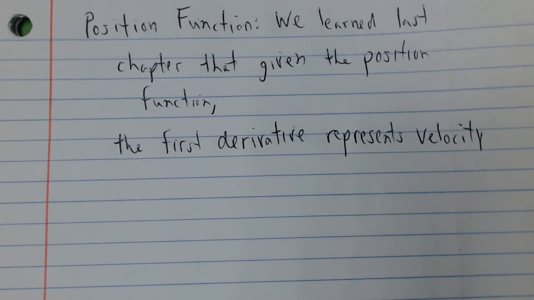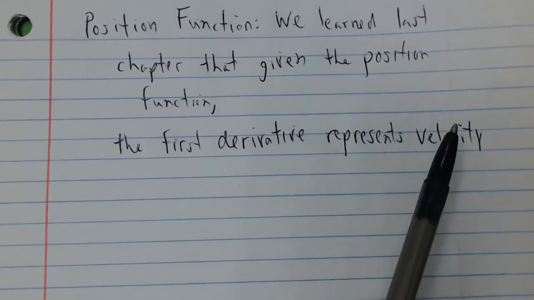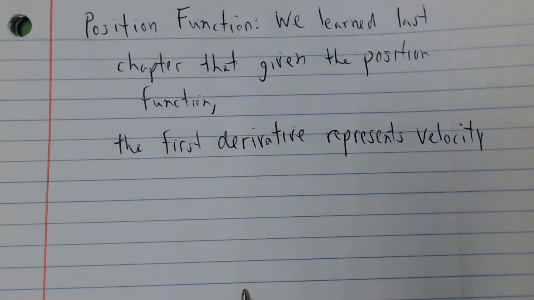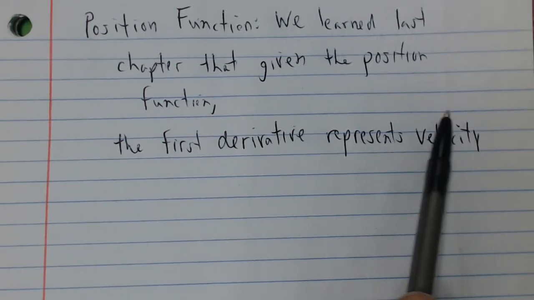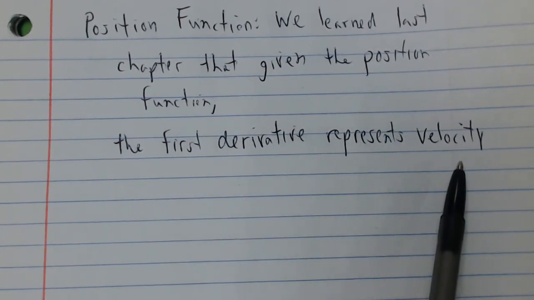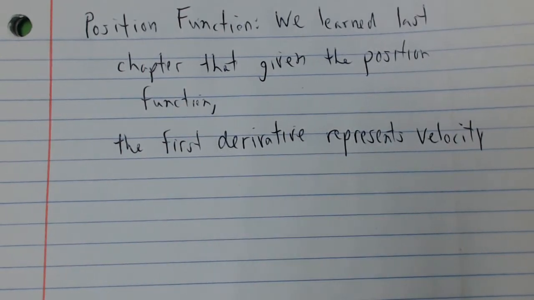Now, my question is, what's the second derivative of the position function? And how do you find it? Don't you just find the derivative of velocity? Now remember, derivative means what? Instantaneous rate of change. So if I find the derivative of velocity, which is the second derivative of the position function, what is the instantaneous rate of change of velocity? If you think about it, what causes velocity to change?